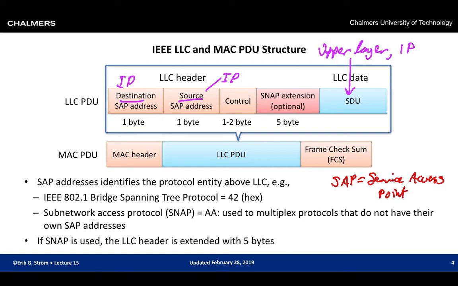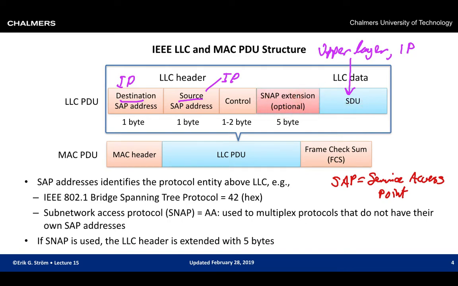Okay, so there is one protocol, for instance, called the Bridge Spanning Tree Protocol, and we will talk more about that later on. It's identified by the byte 42. So this is in hexadecimal. So 4 is the first 4 bits, and 2 is the second 4 bits. There is a special SAP address called AA, and that identifies something called SNAP, or Subnetwork Access Protocol. If it says AA in these fields, it means that we should interpret these bytes as control bytes, not data bytes.